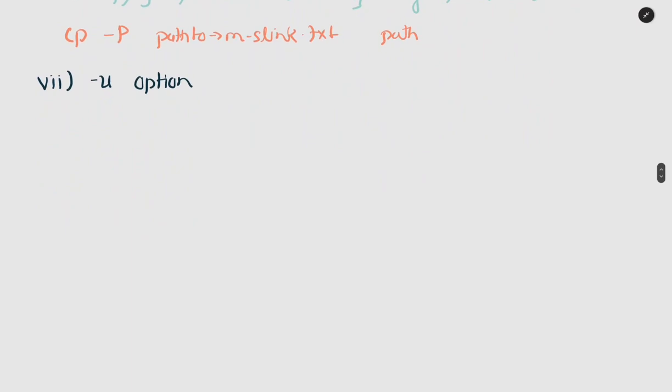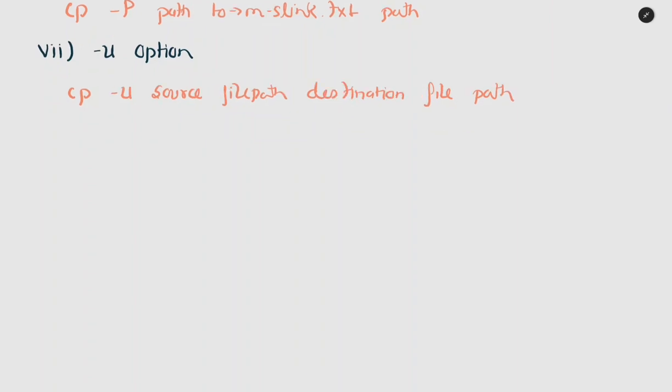Example, cp -u, let's say source file path, the destination file path. Here -u stands for update. It tells cp to copy only if the source file is newer than the destination file or if the destination file does not exist.